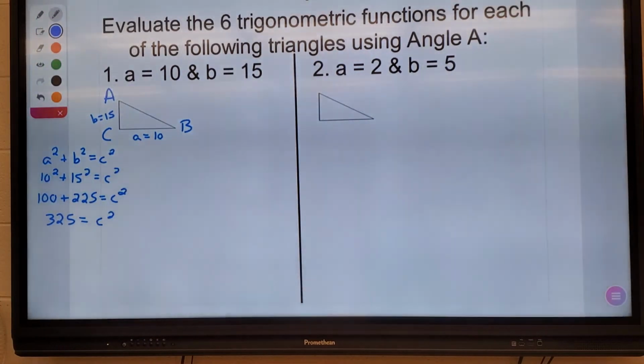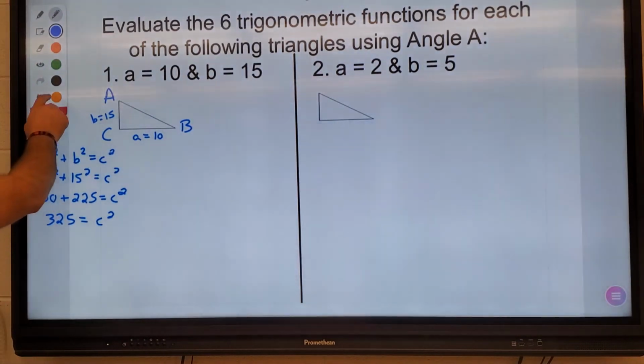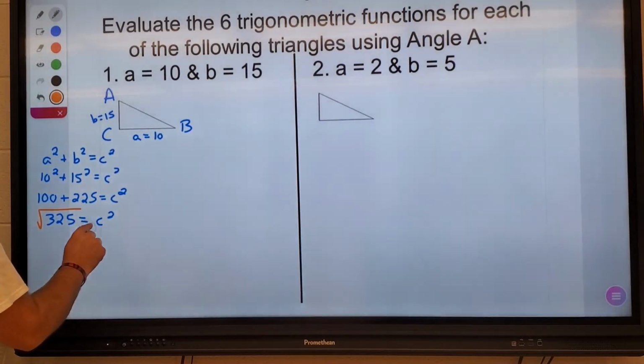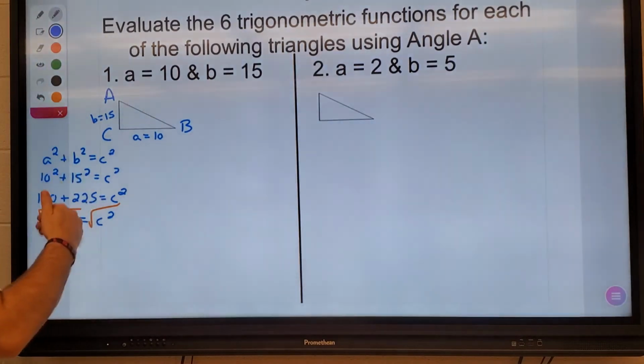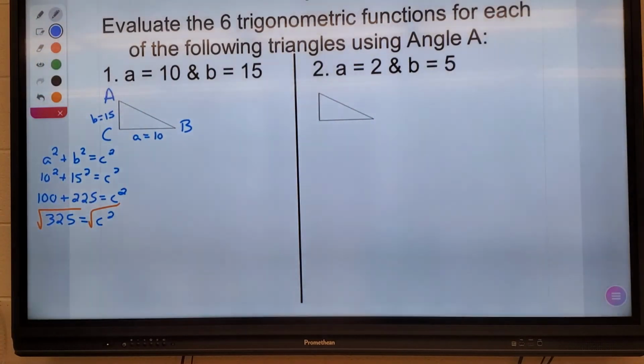Again, 325 is not a perfect square, so when I take the square root, I have to then try to simplify things. So when I do that, again, I'm going to go through all the factors and try to find out which one is the largest perfect square factor.